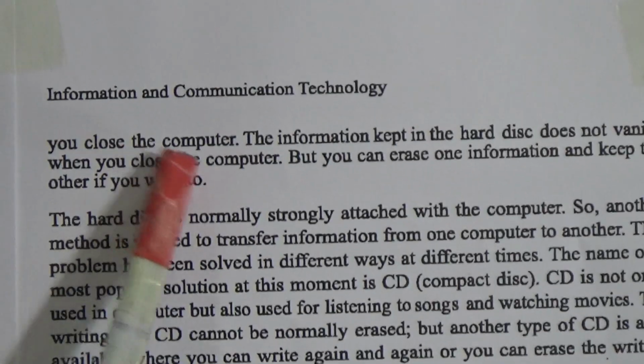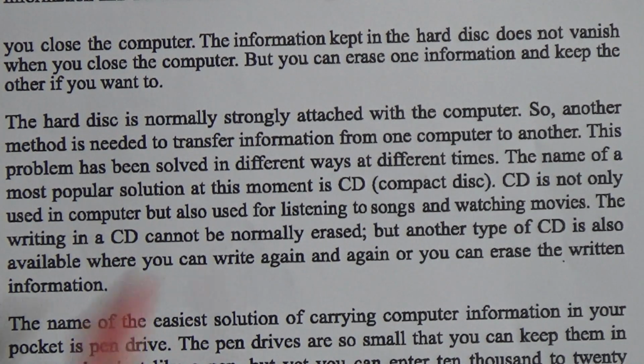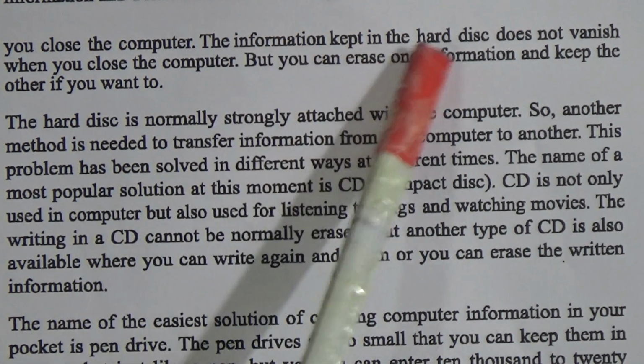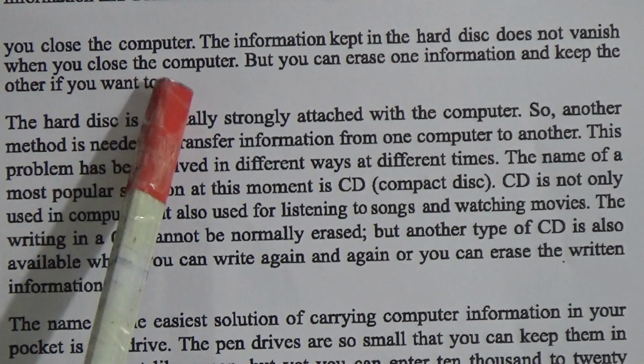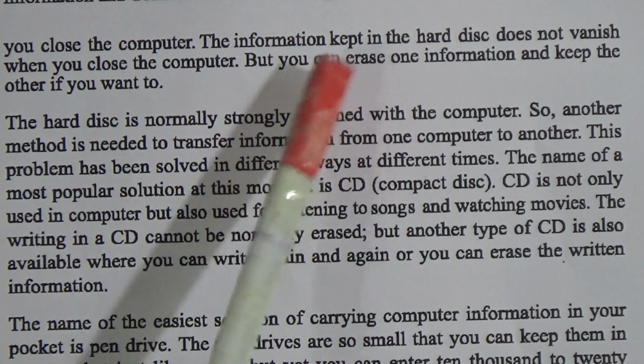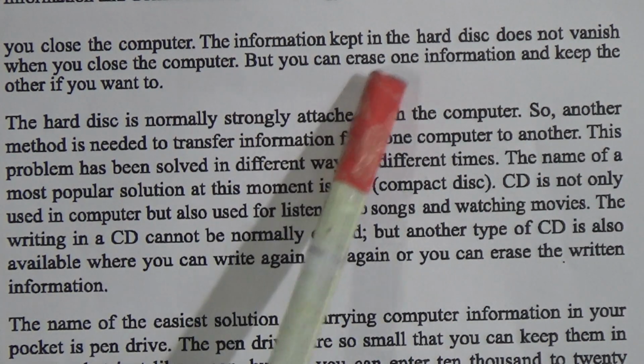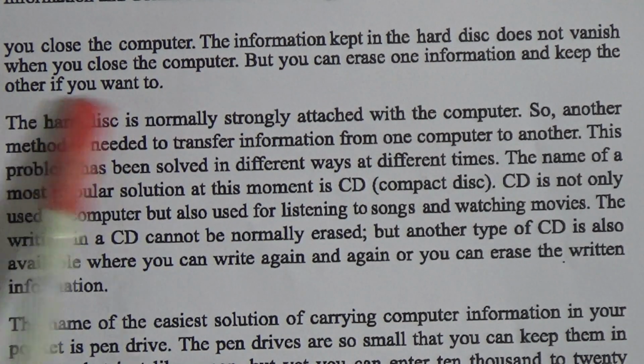If you turn off the computer, your information will be vanished. The information kept in the hard disk does not vanish when you close the computer. If you keep your information in the hard disk, it does not vanish. But you can erase one information and keep the other if you want to.